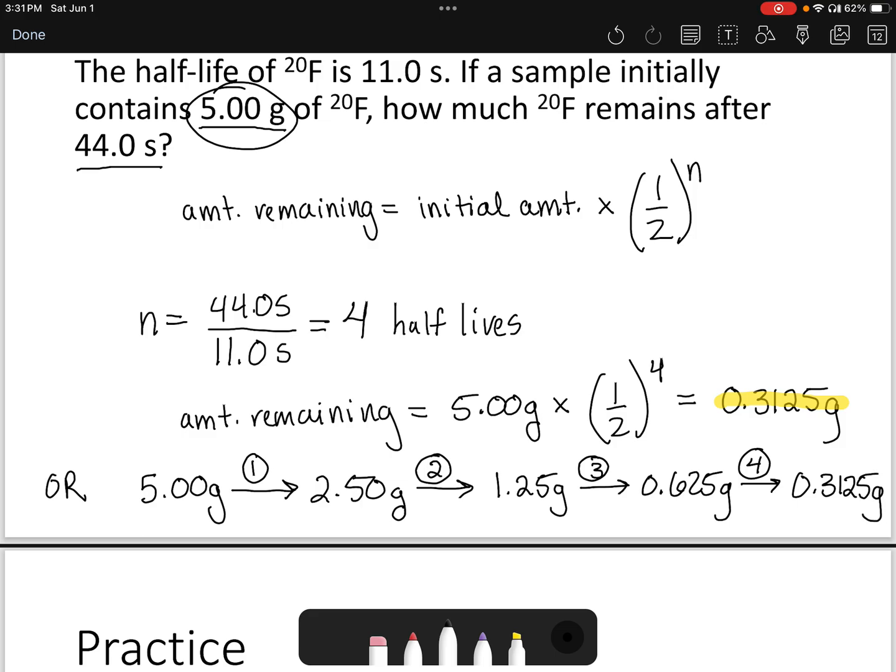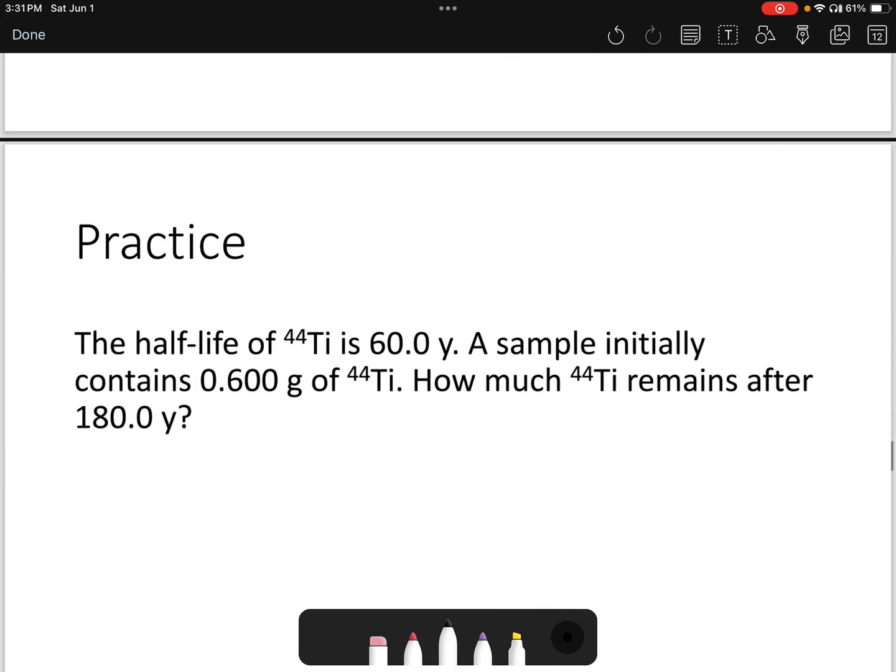All right, so that's another way to figure out how much you would have left. You still have to figure out how many half-lives you have overall, but once you figure that out, you can just divide by a half each time. It takes a little bit longer, but it still works.